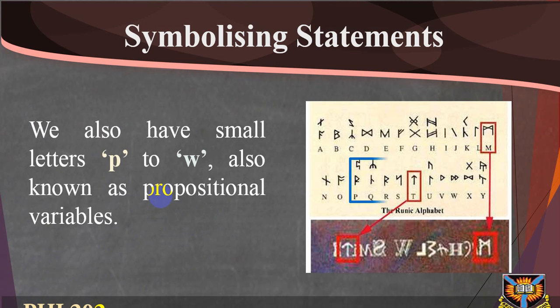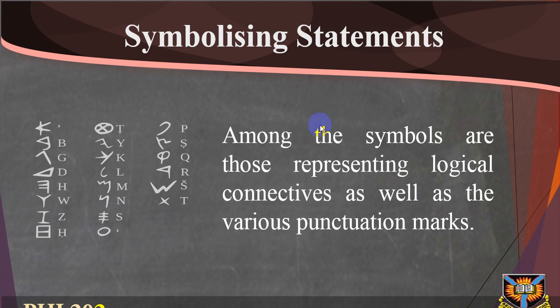We also have small letters P to W, also known as propositional variables. Variables do not stand for actual proposition, but may be used to represent any proposition whatsoever. Among the symbols are those representing logical connectives as well as the various punctuation marks.